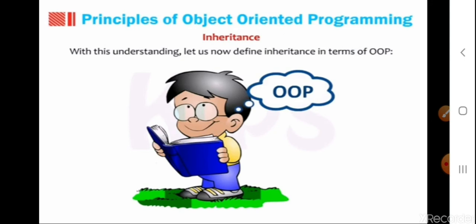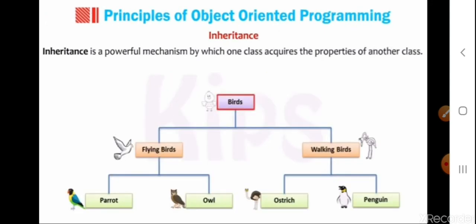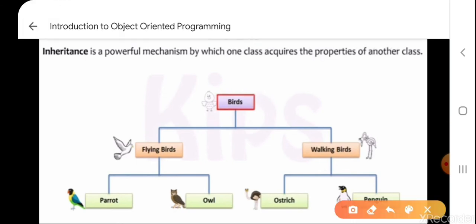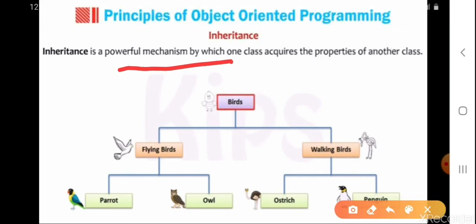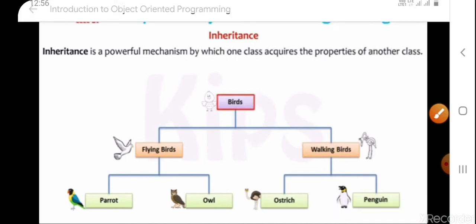Now, with this understanding, let us formally define inheritance in terms of object oriented programming. Inheritance is a powerful mechanism by which one class acquires the properties of another class.